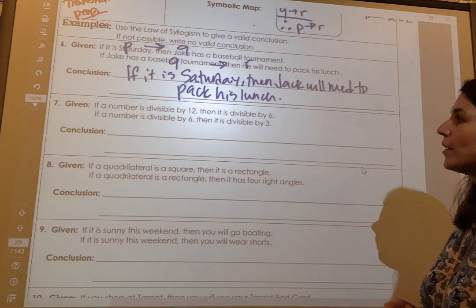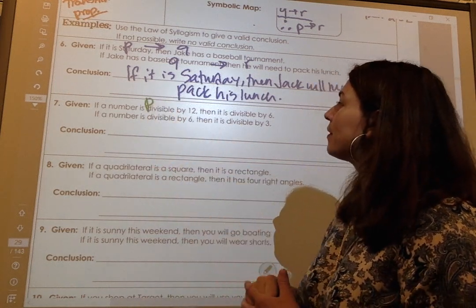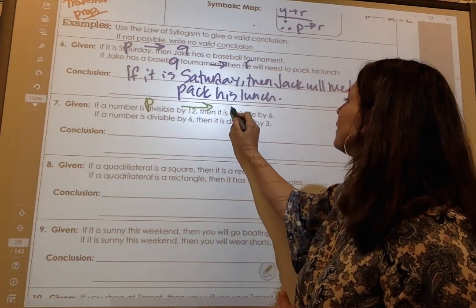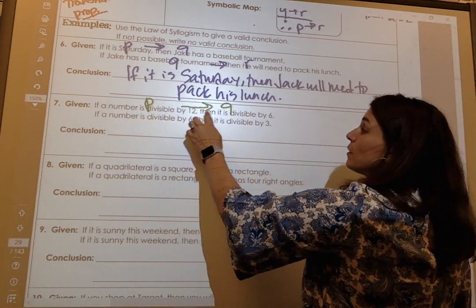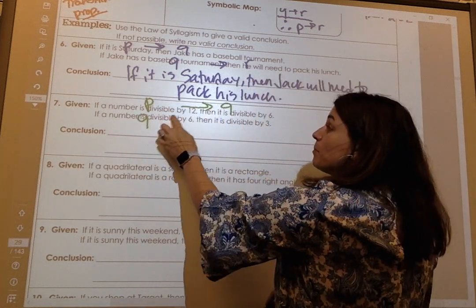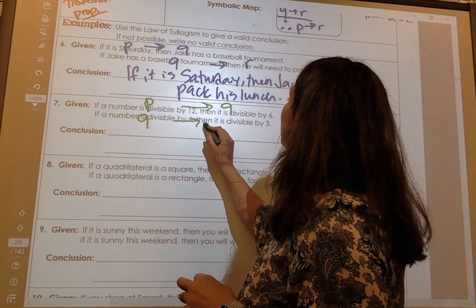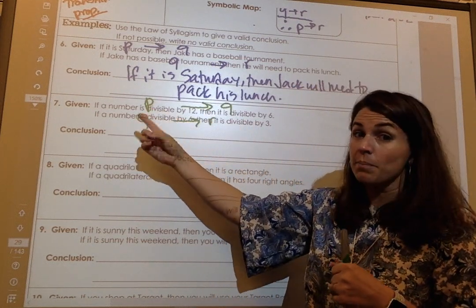Okay, let's look at number 7. If a number is divisible by 12, that's the hypothesis, then it is divisible by 6. That's my conclusion. If a number is divisible by 6, that's exactly the same, so now that's the Q as well. These both match. Then it is divisible by 3. So this follows the same symbolic map.